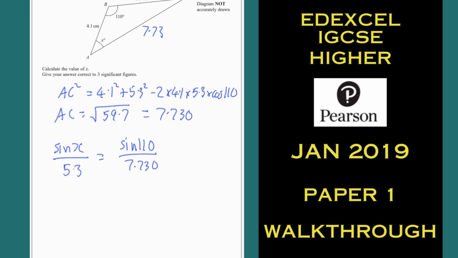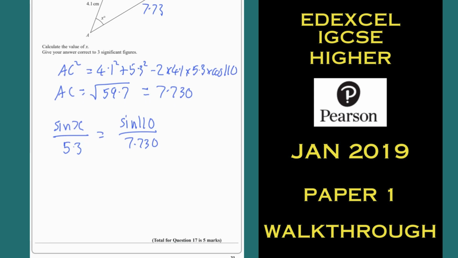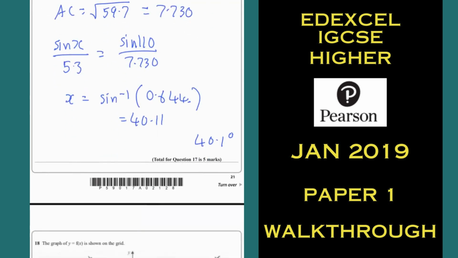And stick in your calc, sine 110 divided by 7.730 times it by 5.3, you should end up inverse sining 0.644-ish to get 40.1125 and so on. But do as you're told, 3 sig figs, 40.1 degrees. On we go.